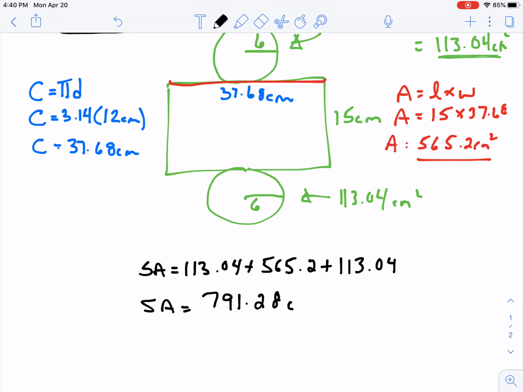And again, these are areas that we measured, so my units will always be centimeters squared because all of these were centimeters squared. I hope that makes sense.